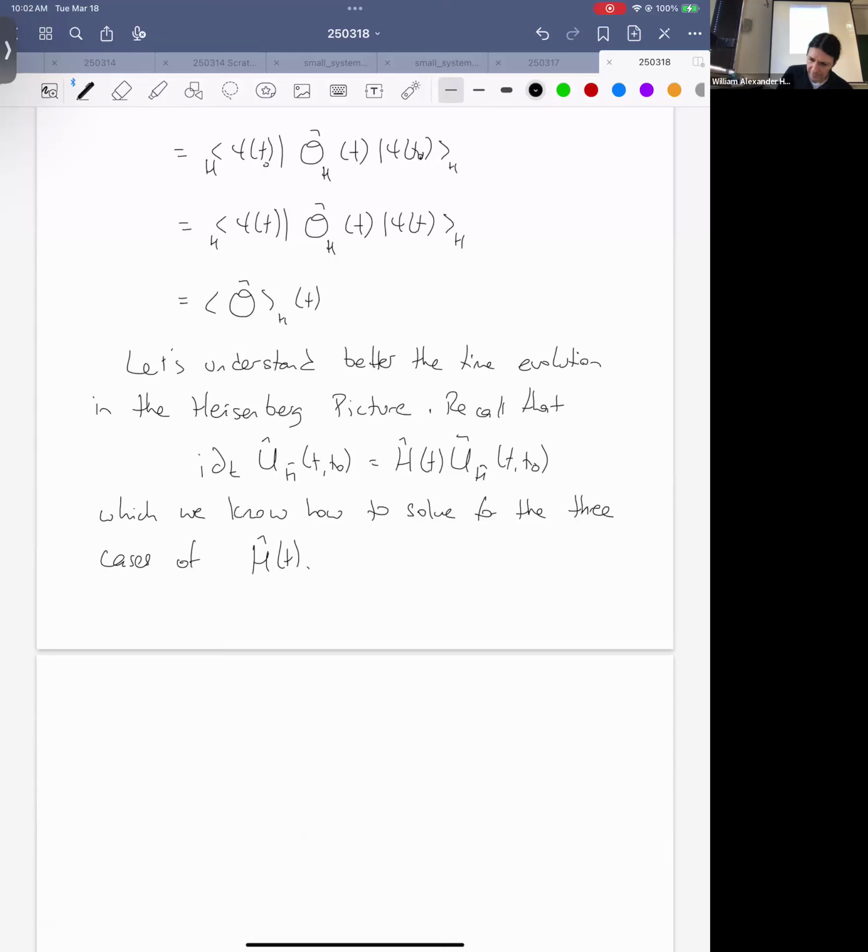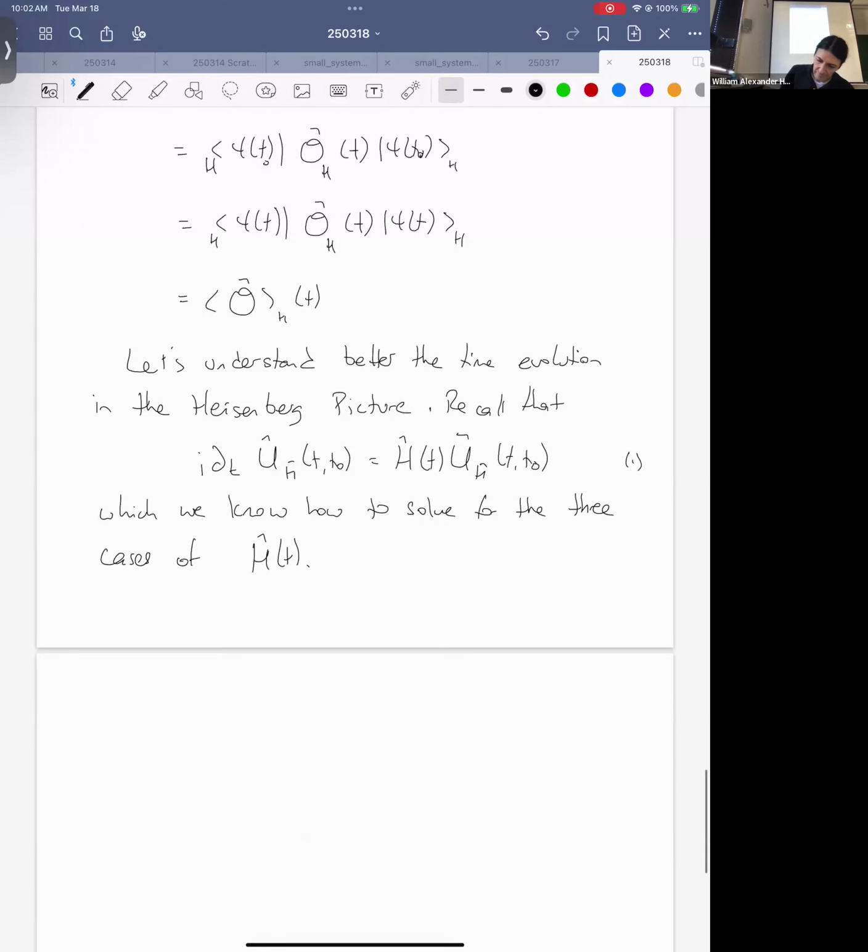Let's call this, I forgot what equation we're up to, so we're in a new section. We'll just call this 1 again. If we take the Hermitian conjugate of this Schrödinger equation, what are we going to get?